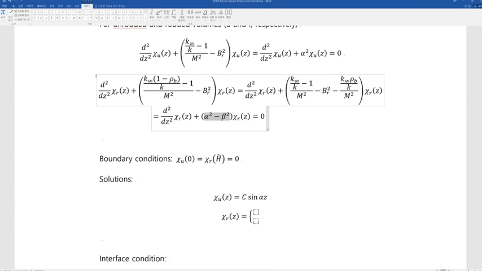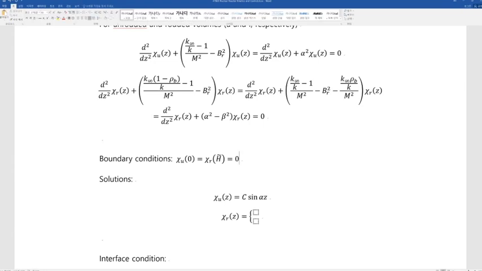And if we also think about the fact that at the boundary we should have zero flux at the upper boundary.